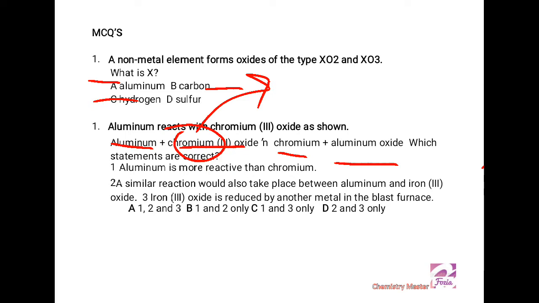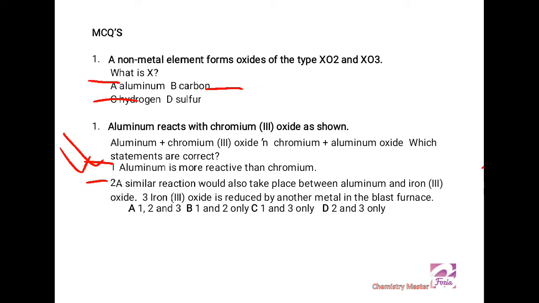So we have to see which statements are correct. When we read statement number 1, it says, aluminium is more reactive than chromium. Yes, this is absolutely true. Statement number 2: similar reaction would also take place between aluminium and iron. Again, aluminium is above iron in the reactivity series of metals.